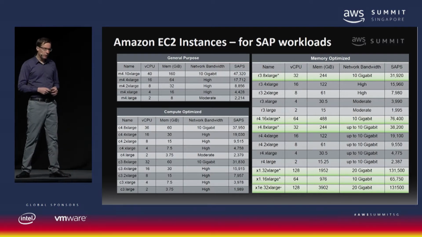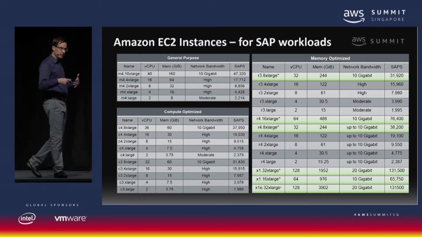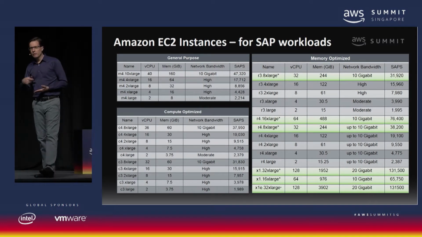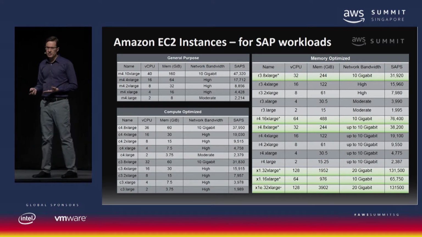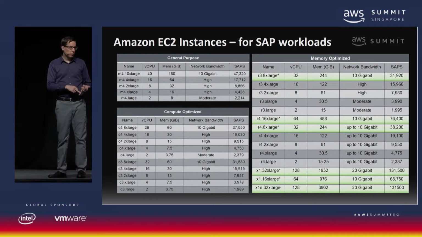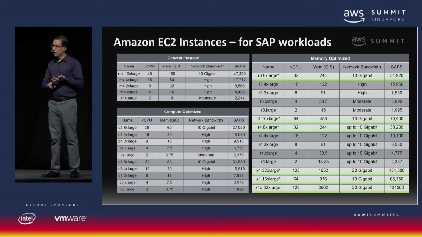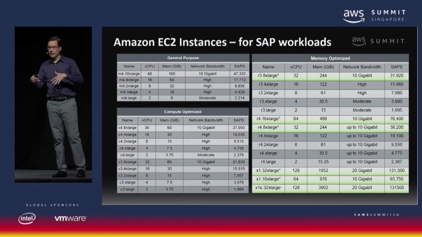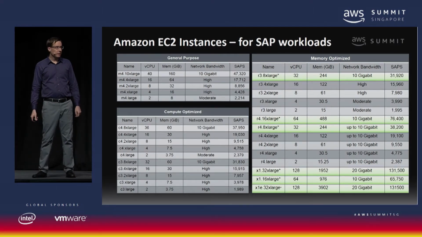So with this, we continue to focus on increasing this ecosystem so that with each new generation of Amazon EC2 instances that are released, you will see better performance and a lower cost of ownership, and it also helps drive down the cost of running your SAP environment on our platform.